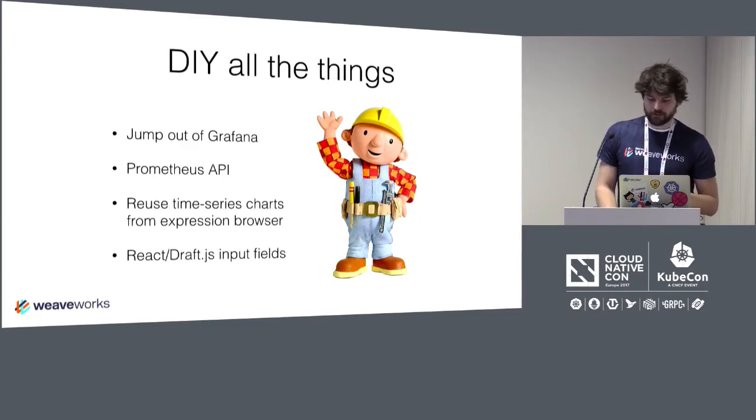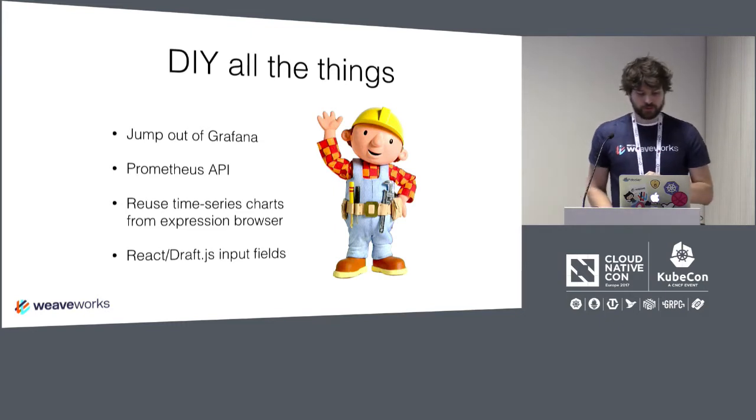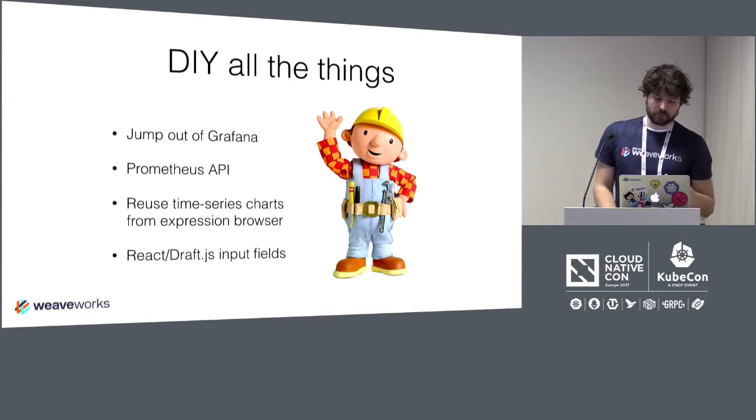The important thing is, how is this all done? The first thing you need to do is get out of Grafana into some kind of notebook, and then we can use the Prometheus API to build your own queries.